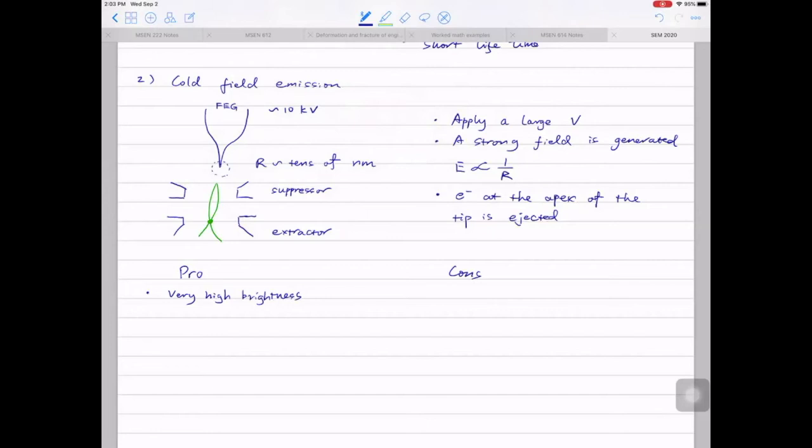In other words, you get a much, much better signal to noise ratio. The second advantage is it gives you the best coherency, and that also gives you the best resolution among the three types of guns.